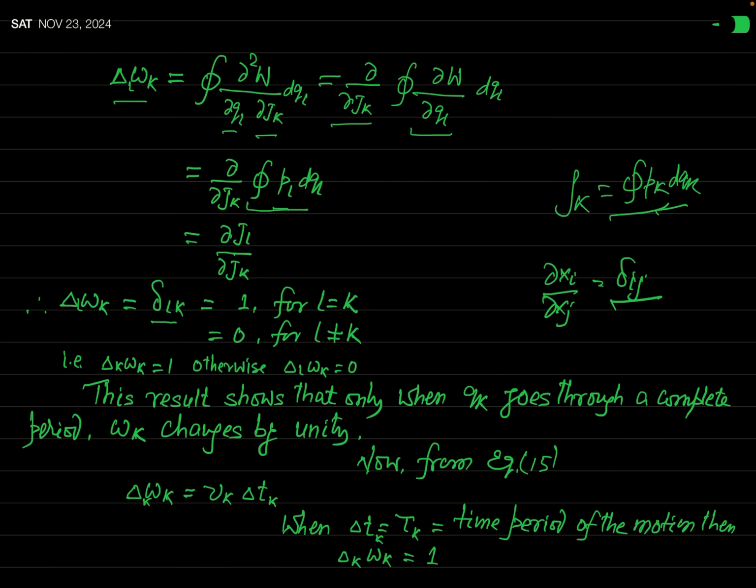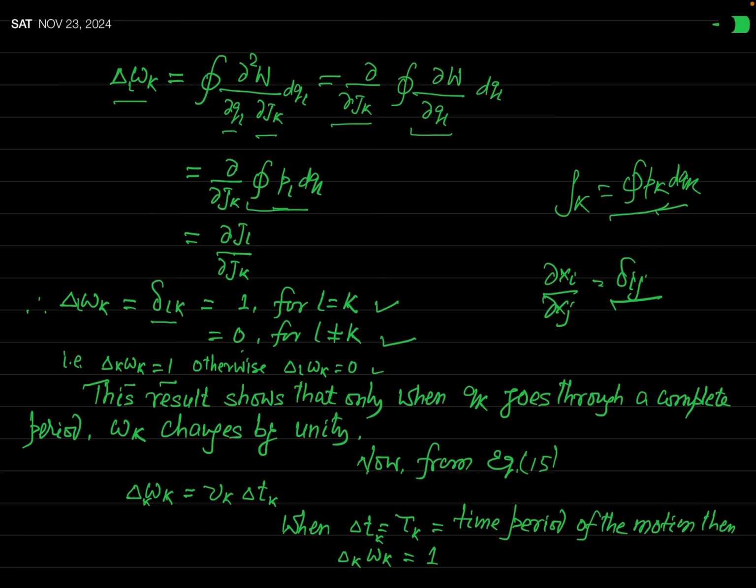And you know, this Kronecker delta is equal to 1 when L is equal to k, but it will be 0 for L not equal to k. Therefore, you can say that delta k omega k will be 1 when L is equal to k, but delta L omega k will be 0 if L is not equal to k.